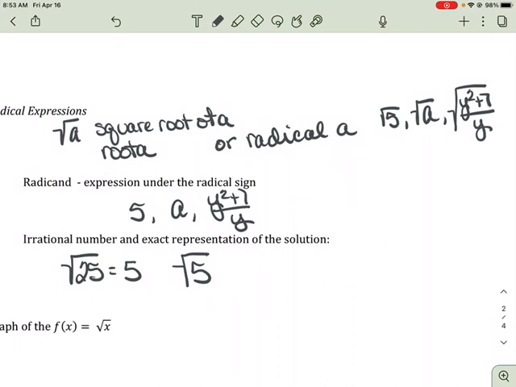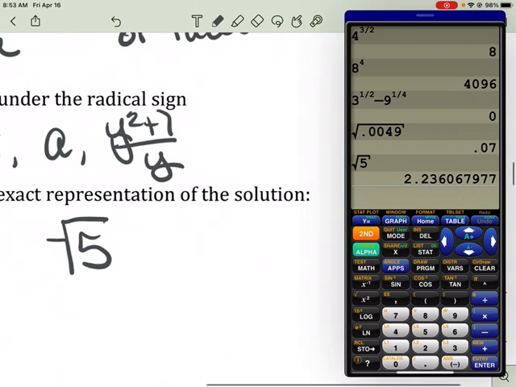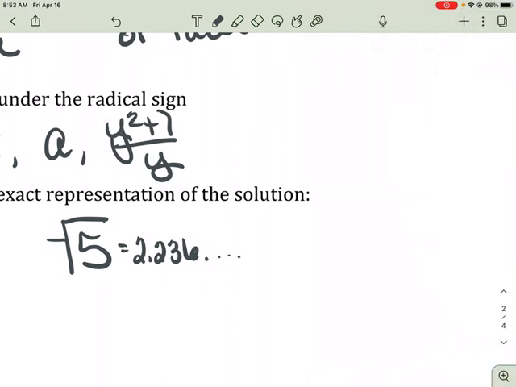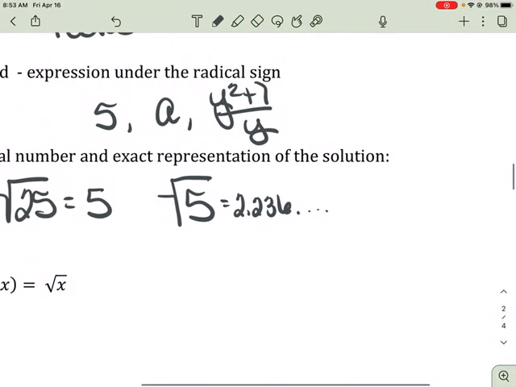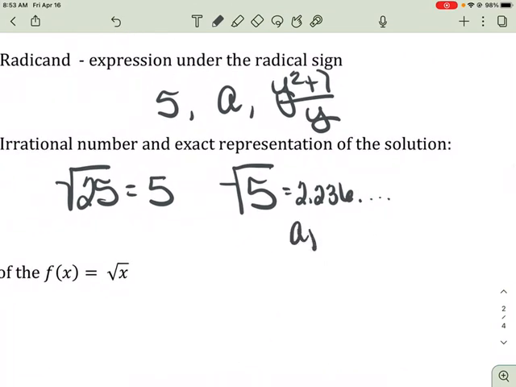We get a non-terminating, non-repeating decimal: 2.236, and so on. That is an approximate solution.